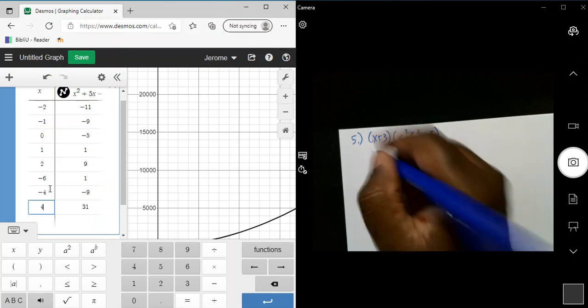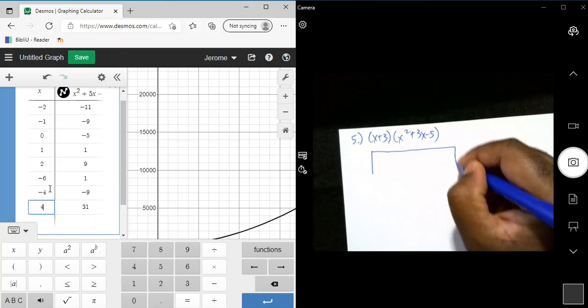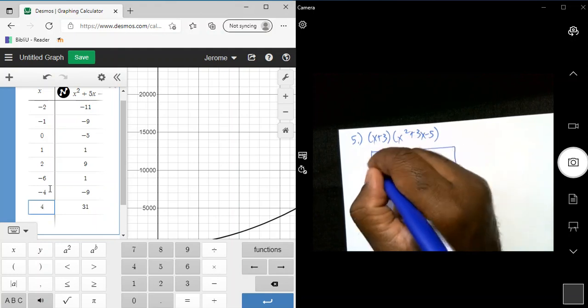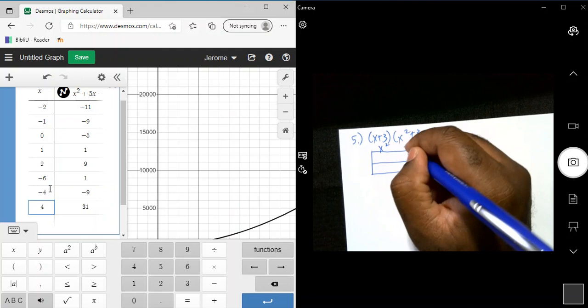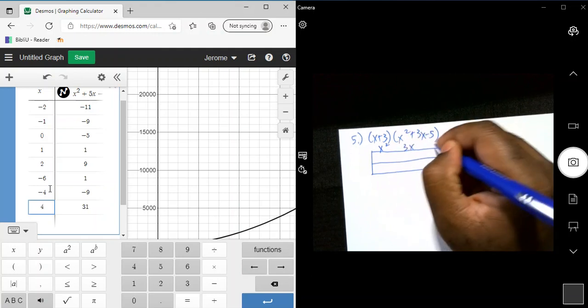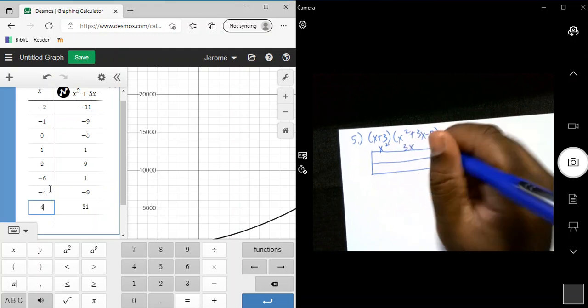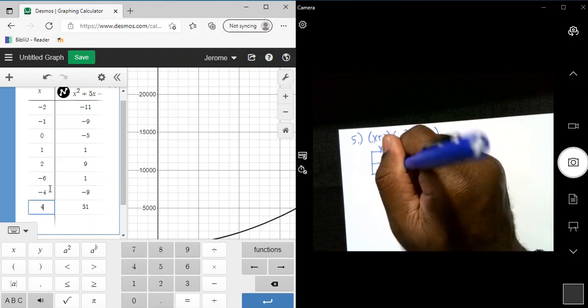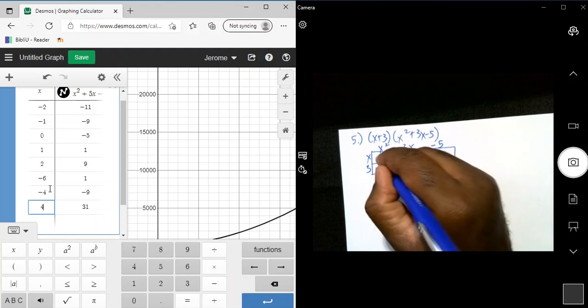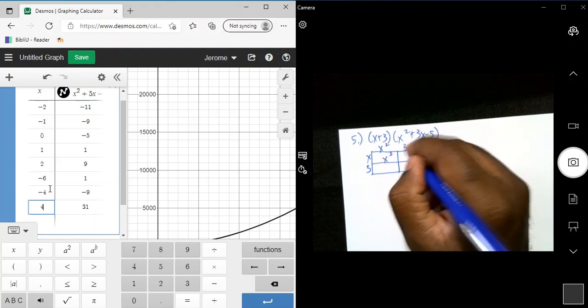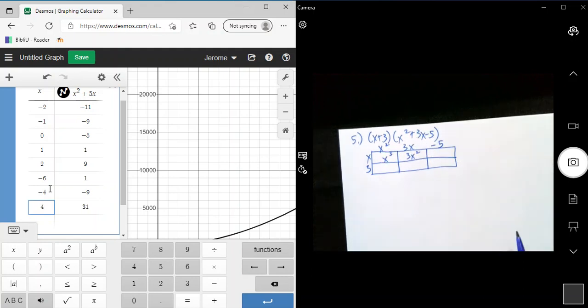Okay, so they give us a little table here. So at the top we had x squared, we had 3x, and we had -5. Now on the side we have x and 3, and we have x cubed here, 3x squared here.